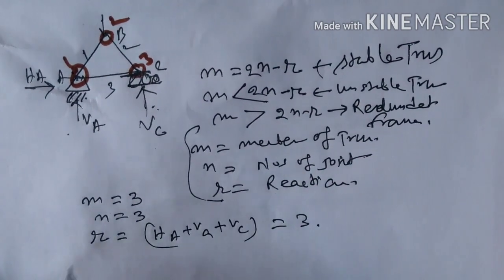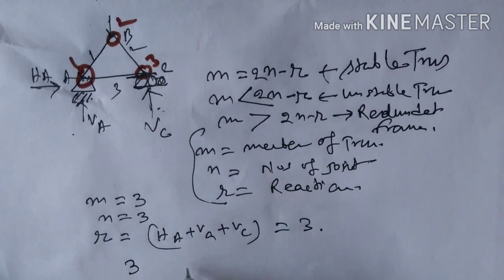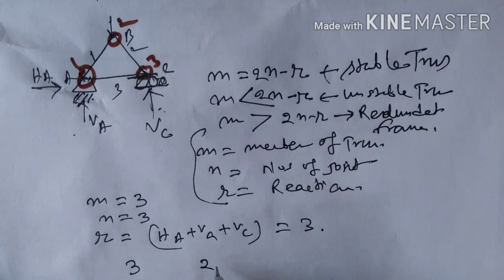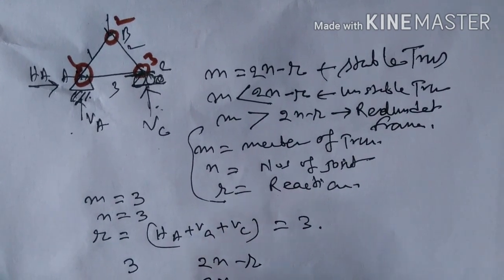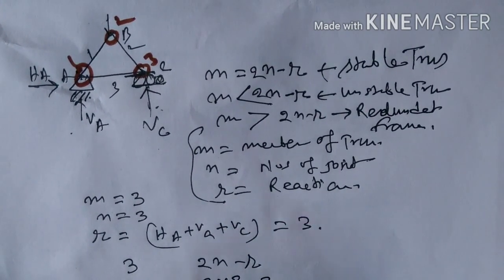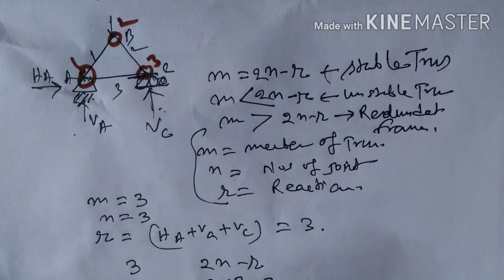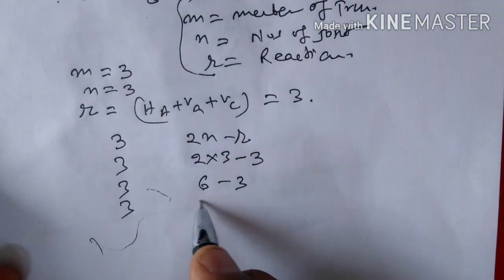So just see what is happening to the structure. M is equal to 3 and 2N minus R: N is 3, R due to reactions is 3. So 6 minus 3, 3.